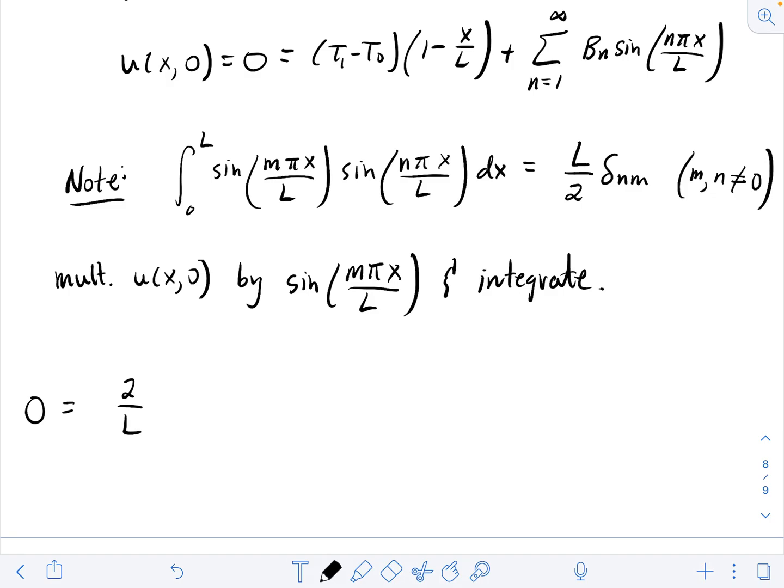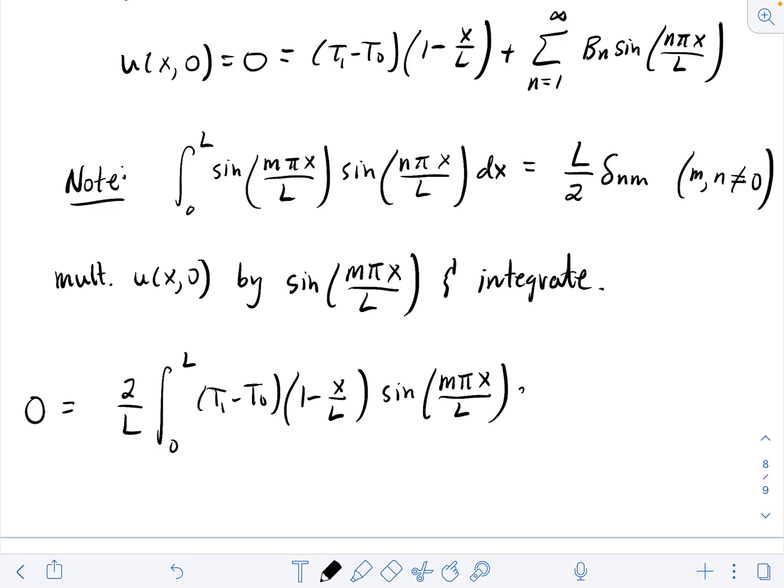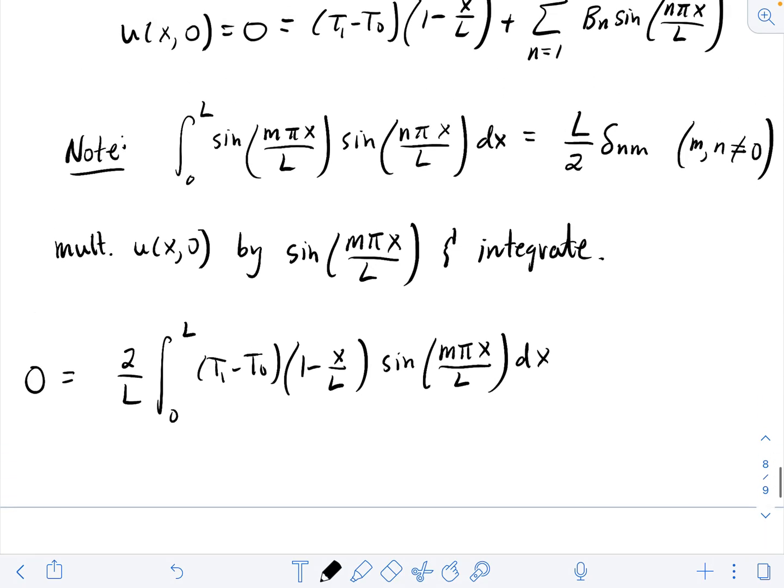So we'll have a 2 over L, and then the integral from 0 to L of T1 minus T0 times 1 minus x over L, and then here's our sine m pi x over L dx. That's the first term.